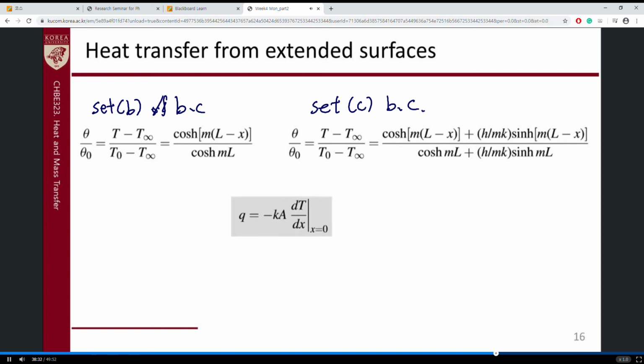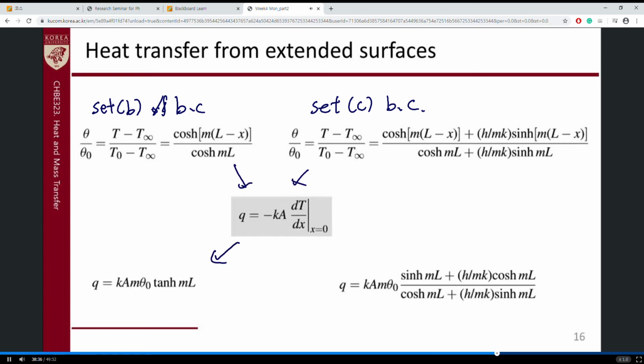And also by using these equations, we eventually get this. I will not solve all of those, okay? Because those are not important. Just remember the flow.